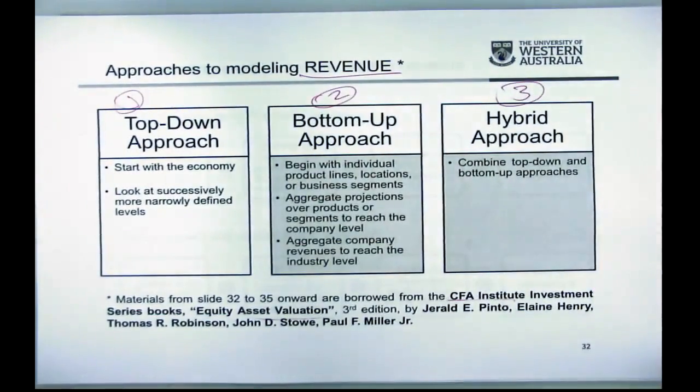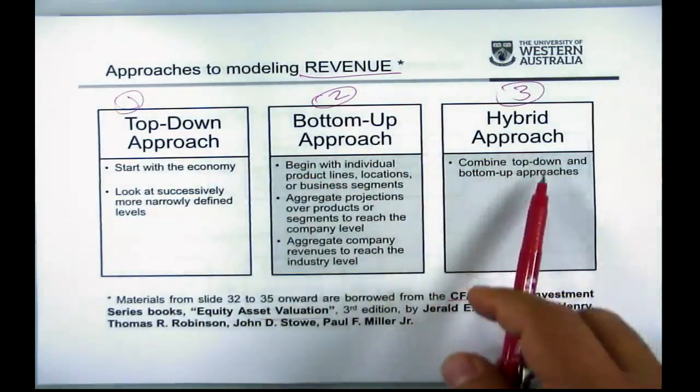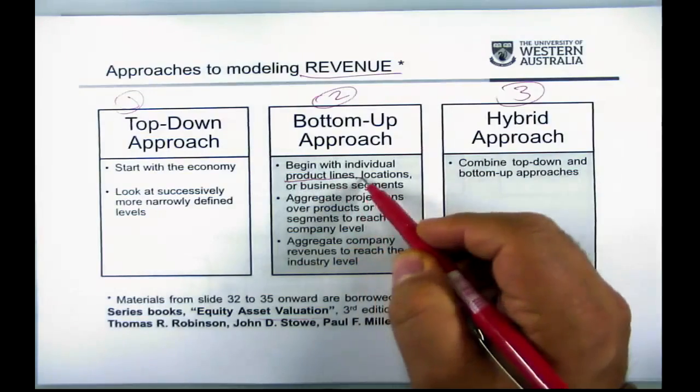We forecast the sales for each segment or product line, and then we aggregate all of them to get the forecasted sales for the whole firm. And also we can aggregate the forecast for all the firms in an industry to get the aggregate revenues for the whole industry.